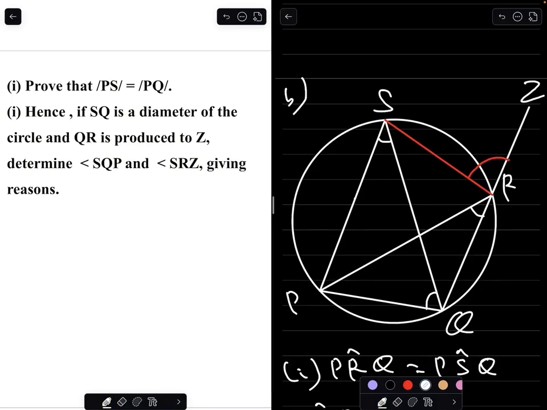Angle SRZ. If SQ is a diameter of the circle, that simply means angle SRQ is a right angle.